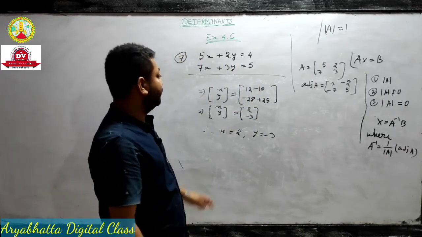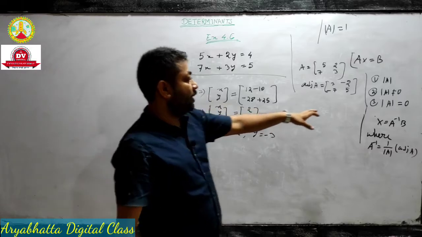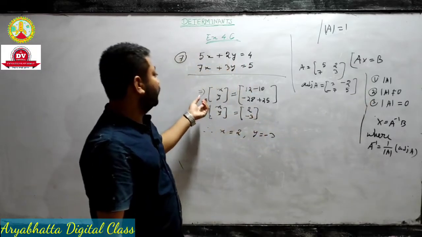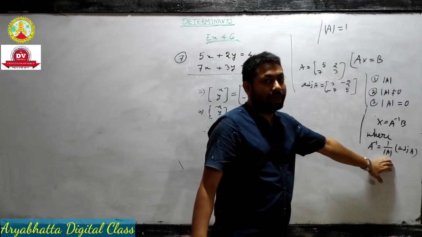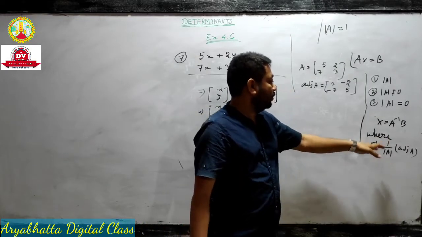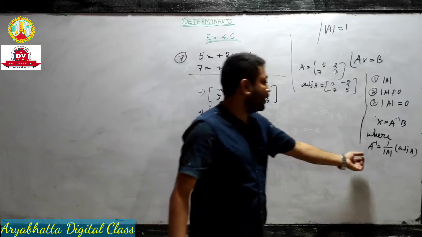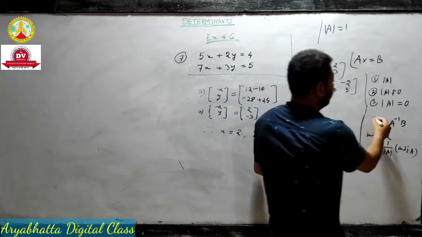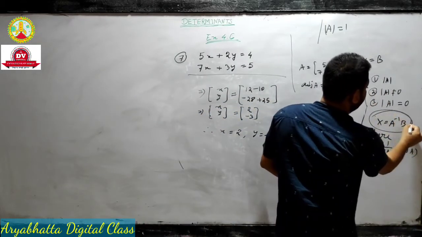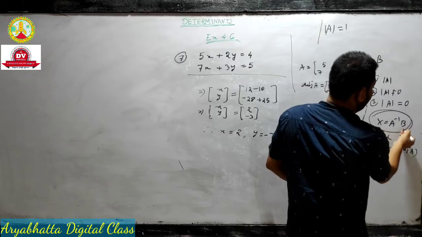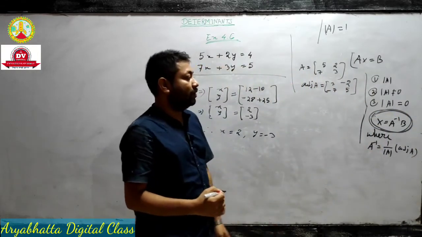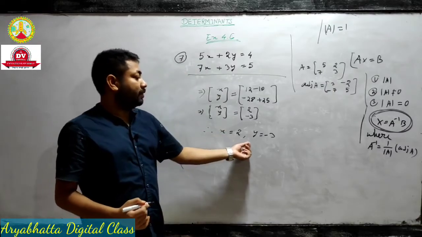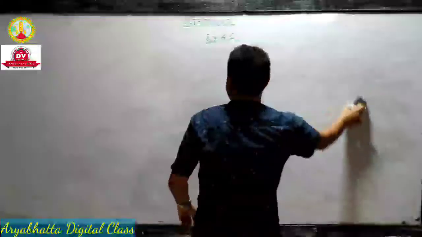If the system is consistent, then we will find the inverse matrix of A, and put the values of the inverse matrix of A and B in X equal to A to the power minus 1 into B. Then we will find the values of x and y.